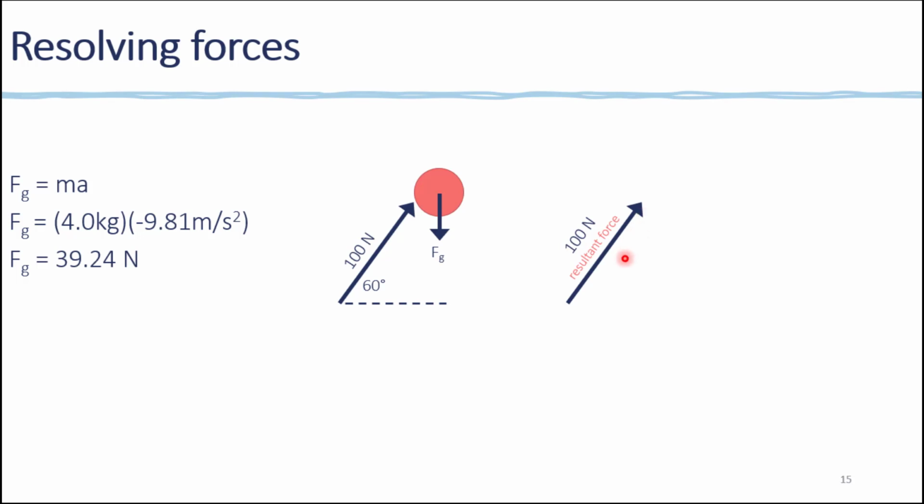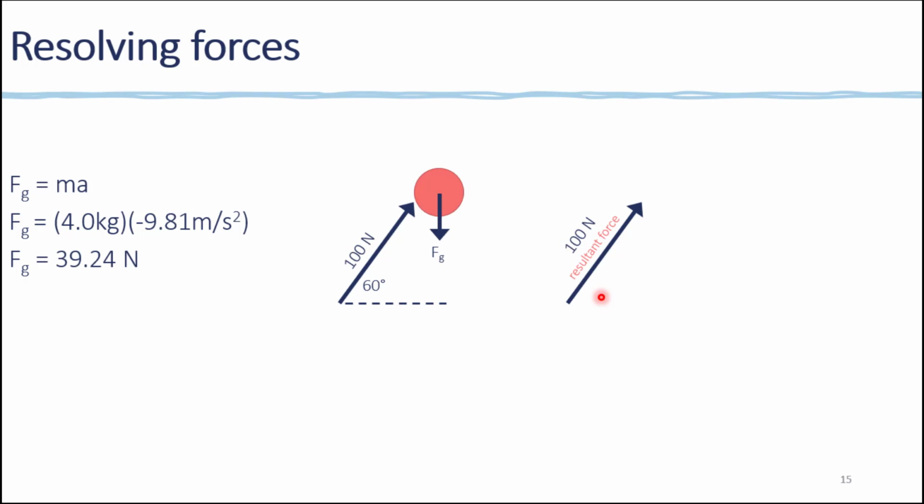Next, think of how we graphically determined the resultant of two forces. We lined up the arrows representing these forces tip to tail, and then we drew an arrow from the tail of the first force arrow to the tip of the last force arrow. And this last arrow we drew was the resultant. Now we want to work that process in reverse.